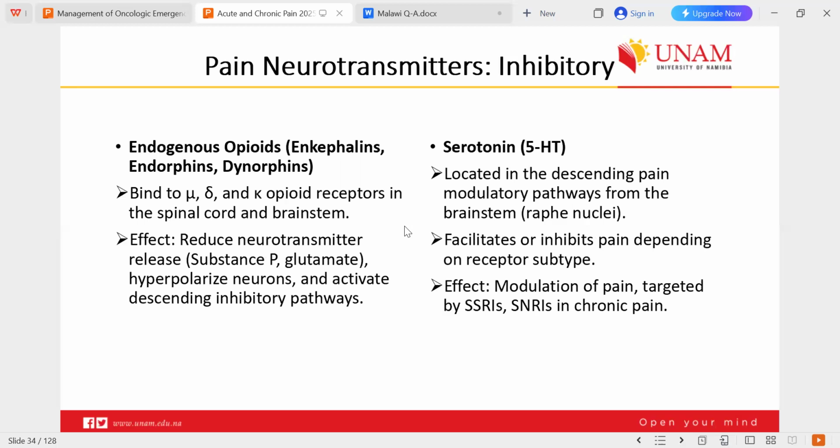So they hyperpolarize neurons and activate the descending inhibitory pathways. Serotonin is located in the descending pain modulatory pathway, especially from the raphe nuclei. It helps to facilitate or inhibit pain depending on the receptor subtype. So for modulation of pain, we target serotonin receptors in chronic pain and all that.